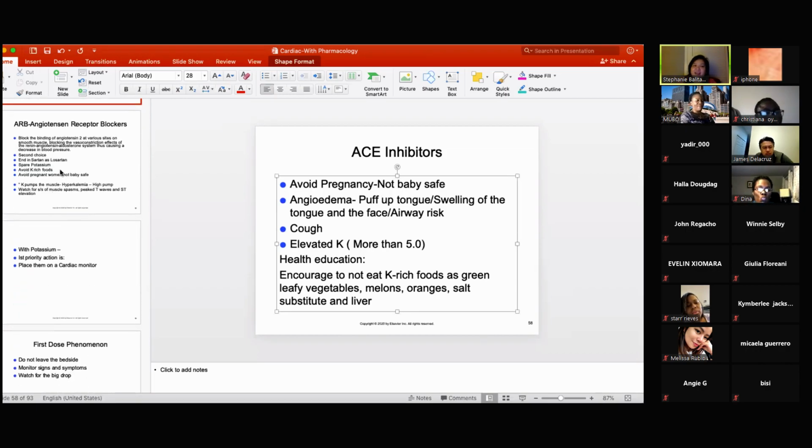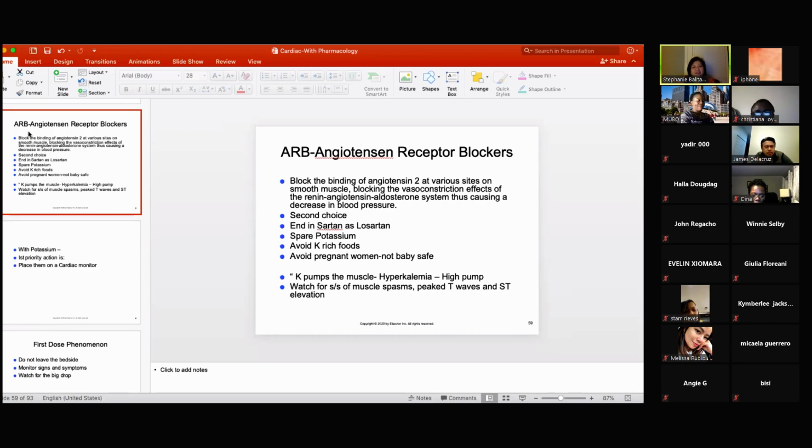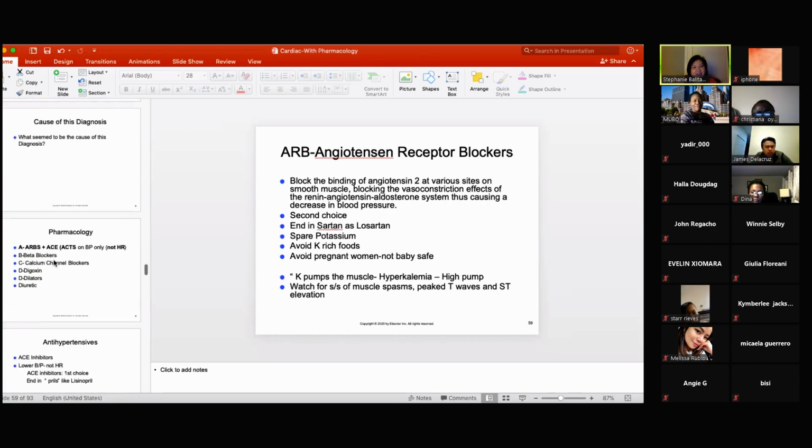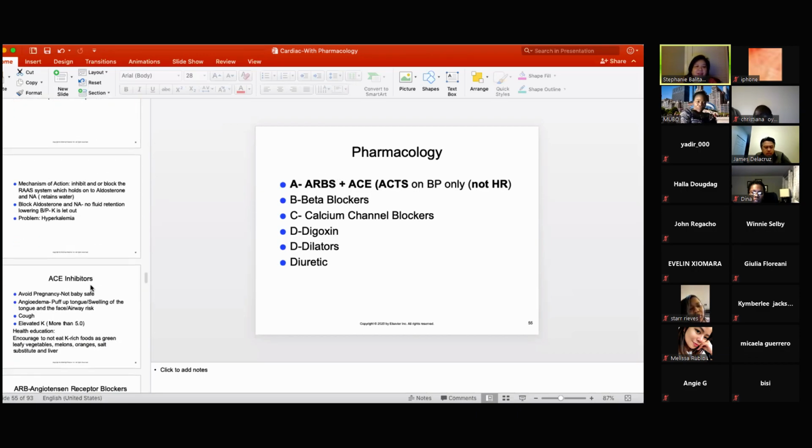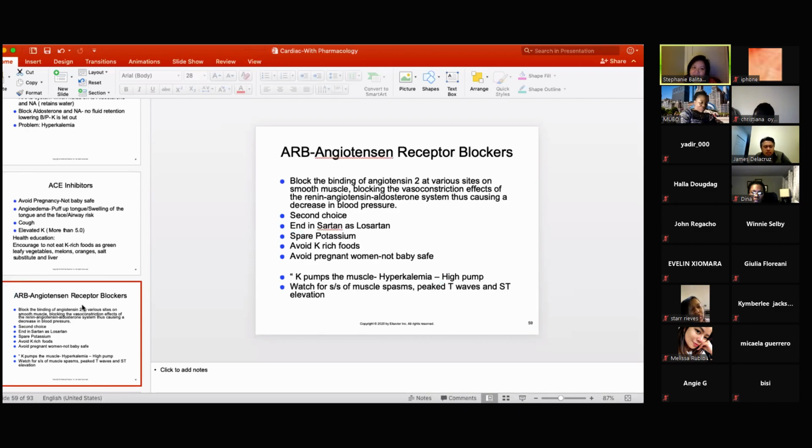Now you can't forget them. Now, your second one, if you see here, they are kind of like sisters. They're related. Your ACE and your ARBs. Your ARBs are your angiotensin receptor blockers. So they bind, this is angiotensin 1 to angiotensin 2. What they're doing here is they block vasoconstriction. Just that.